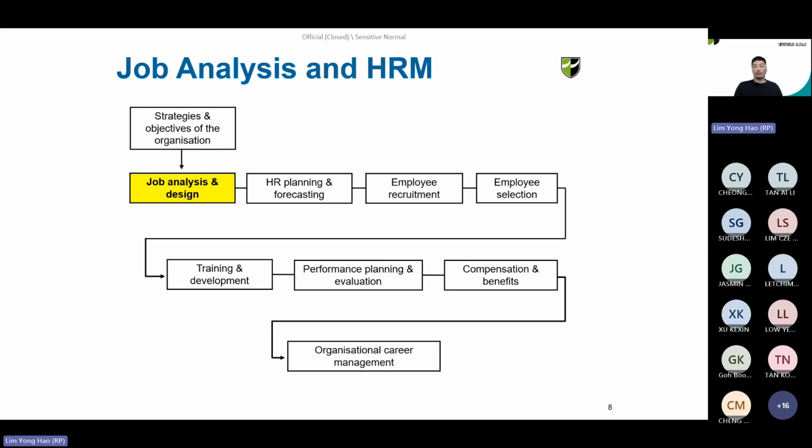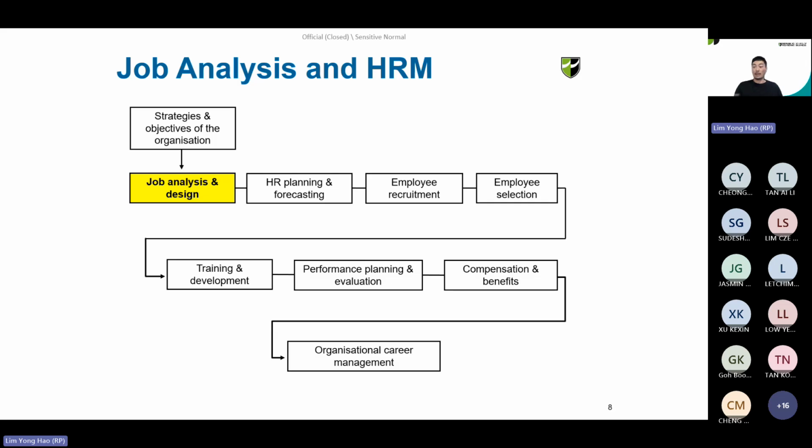Recruitment, how do we select? Can it be internal? What kind of training do they need to go through? Evaluation, performance, compensation and benefits, and of course career management, which is an important function, but not all companies, especially small ones, do organizational career management.